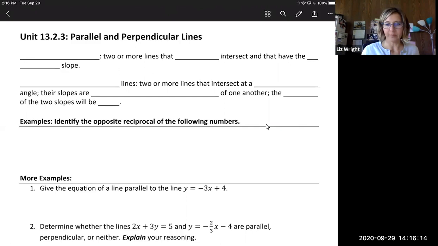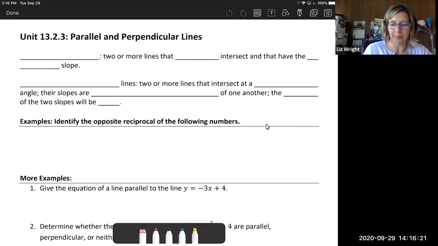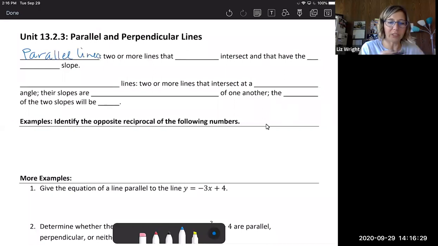All right. So definition first of parallel lines. That's where we're going to put in that first blank is parallel lines. So we've got parallel lines that are going to be two or more lines that never intersect and that they have the same exact slope.